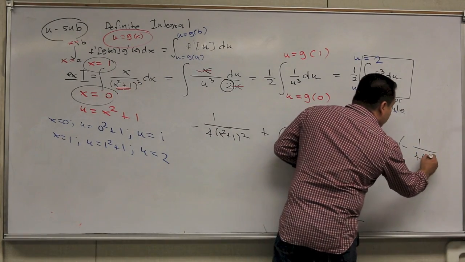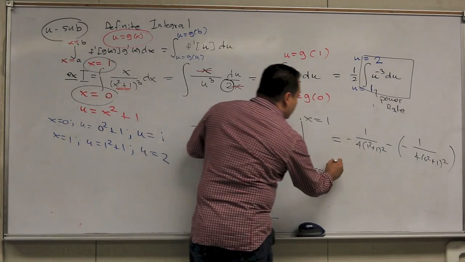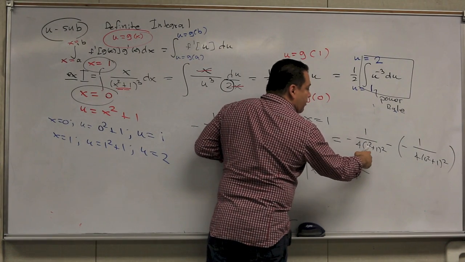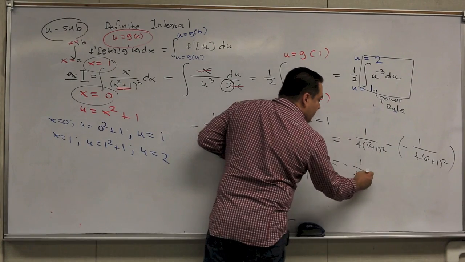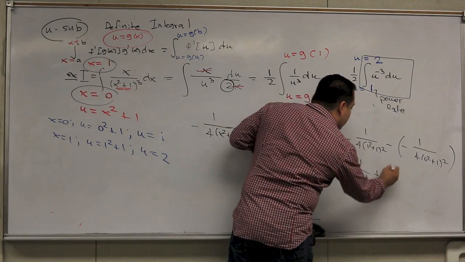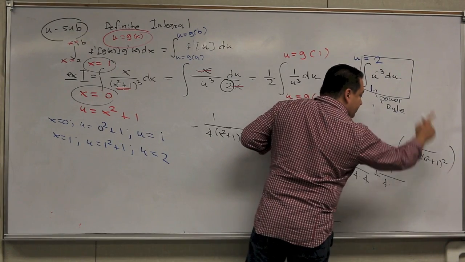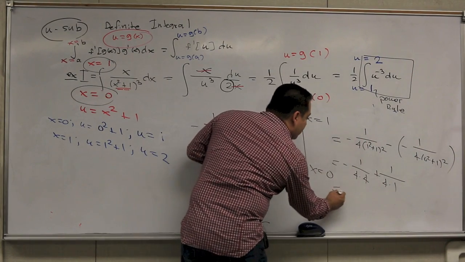Then that's going to be a 0 squared plus 1 squared, okay? And so what you end up with is negative 1 over 4 times, what's 1 squared plus 1? 2. What's 2 squared? 4 plus 1 over 4 times, what's 0 squared plus 1? Isn't that 1? What's 1 squared? 1.